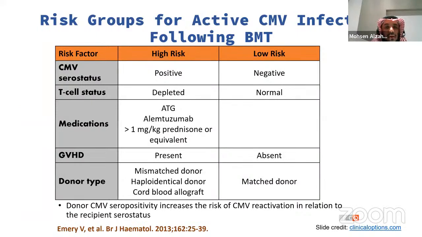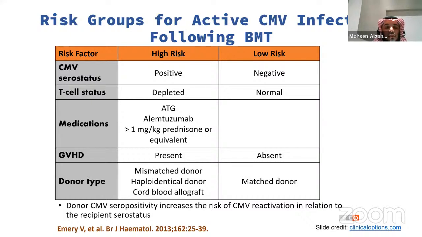Who will develop CMV reactivation? There are certain groups at very high risk: those who are CMV seropositive, I mean the recipient, compared to seronegative recipients; and recipients who receive a T-cell depleted product, for example in vivo or in vitro depletion using ATG or alemtuzumab.